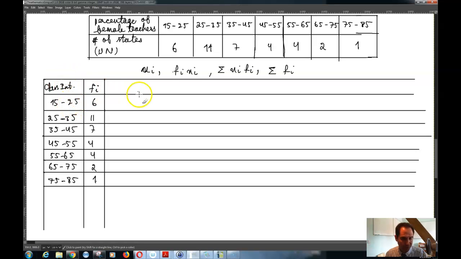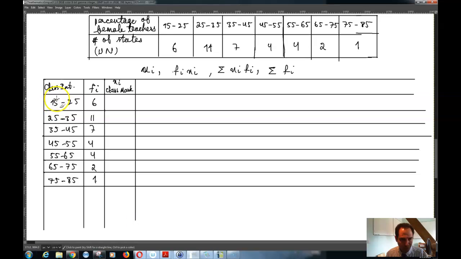For x of i, we need to calculate the class mark, the middle of the class. Which you can call x of i, right?